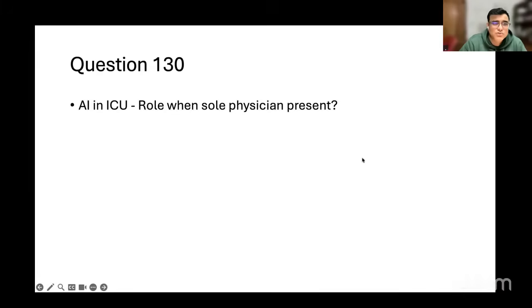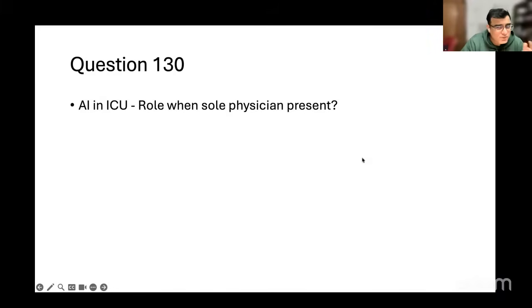AI role in ICU, role when sole physician present. I don't know what the question exactly was, but a lot of things can be done. It can help you in diagnosing sepsis correctly. With closed loop ventilation, it can help you set ventilator settings. With closed loop drug delivery devices, it can help you adjust the drug doses and your vasopressor doses.